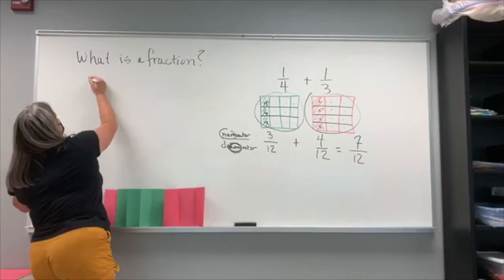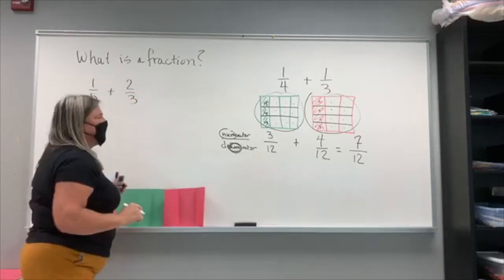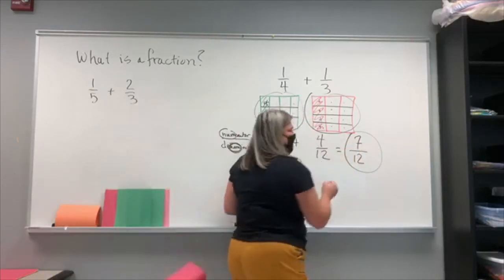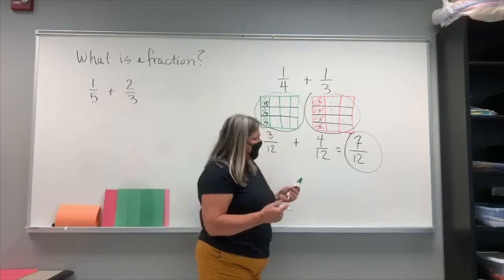So let's try this one. All right. Oh, we forgot to do one other thing. We said that this should be a little more than a half. So we need to know how to figure out what a little more than a half is.